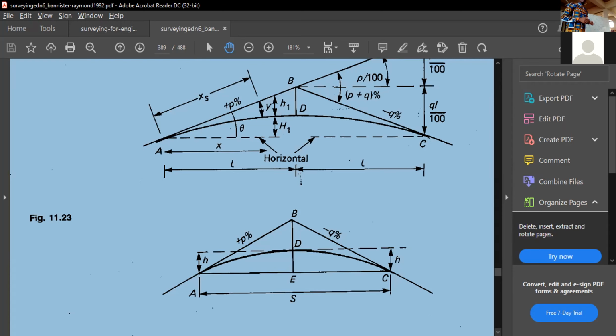So it's an offset. So Y is the offset from the tangent. It goes straight down.